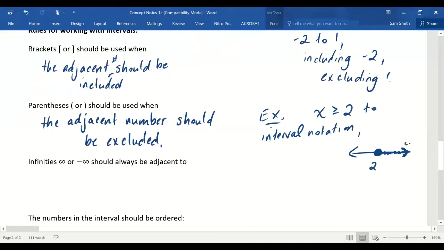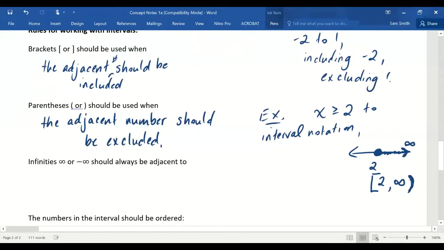It goes all the way off to positive infinity on the horizon. So I would represent x greater than or equal to 2 as a comma with 2 on the left, infinity on the right. I would use a bracket to include 2 itself, and I would use a parenthesis to exclude infinity.